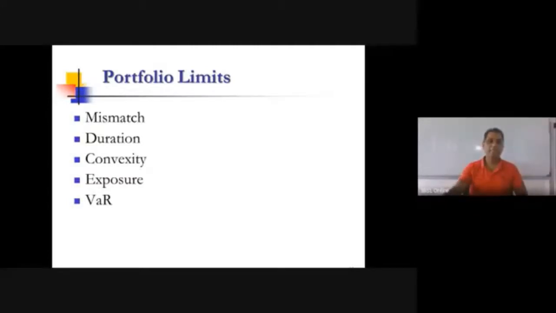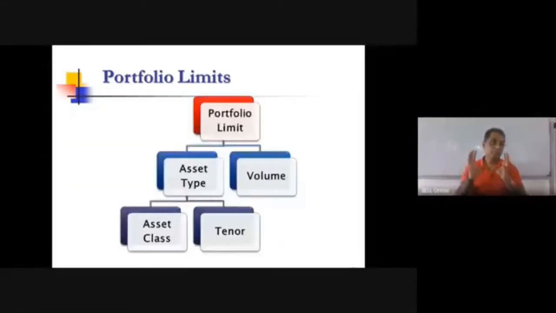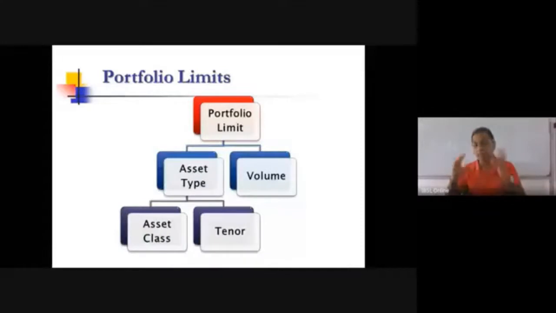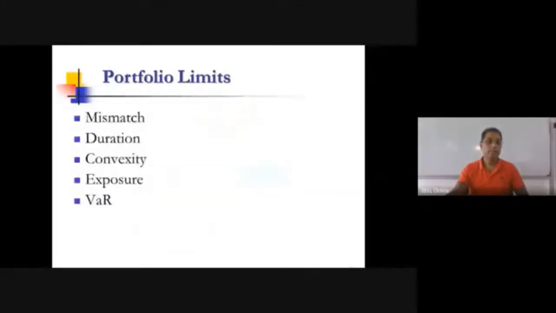So the limit setup is based on factors such as this. And then the bank says, okay, this is the amount of volume of a certain asset you can buy. And this is the type of asset you can buy. And within that asset, these are the tenors and the type of asset class you can buy. AAA rated, BBB rated, CCC rated, whatever. All that comes down to looking at these things, looking at the overall risk, and then saying, okay, fine, this is what you can buy on a day.